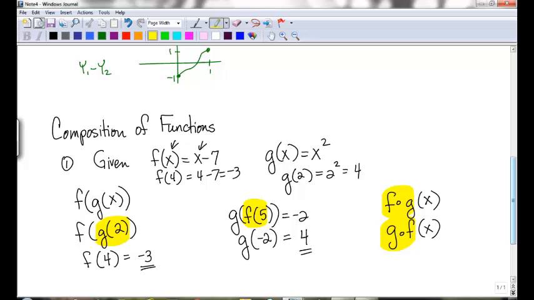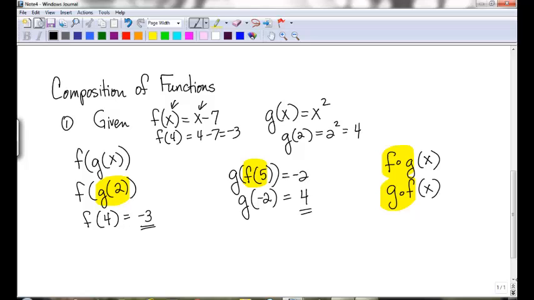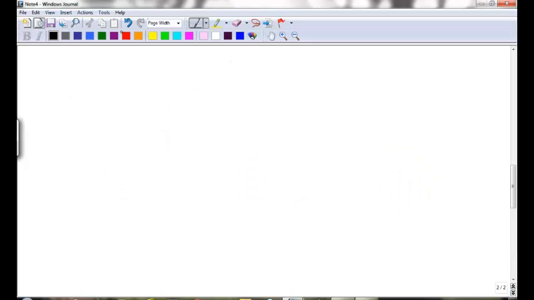Okay. I want to go through one more example of a piecewise graph. Draw a little separator there. This is in your book on page 37, number 10.